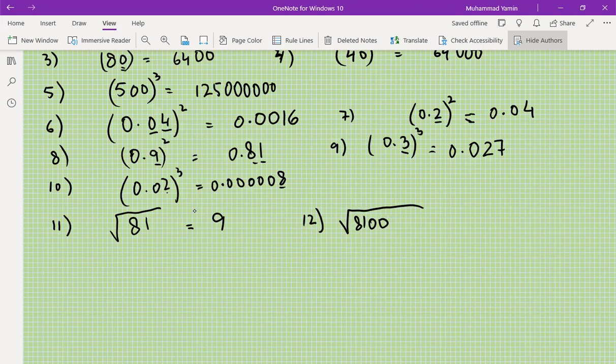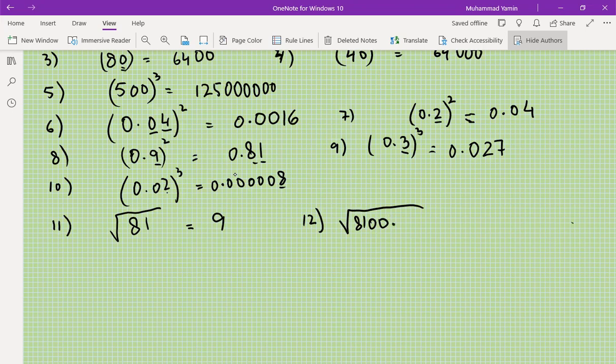we first of all just check and see where the decimal is lying. You can see that right now in 8100 there is no decimal. When there is no decimal visible, it shows that the decimal is lying at the end.